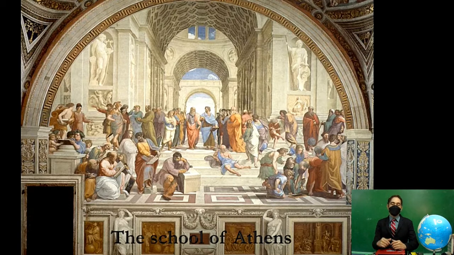This is his painting, the School of Athens. It uses one-point perspective right here. Here's the vanishing point, and then he converges all the lines, and he gets this one-point perspective interior of the School of Athens.